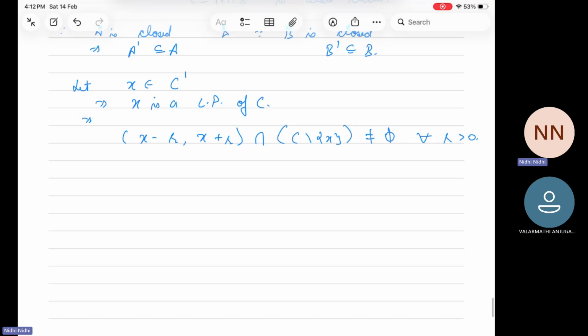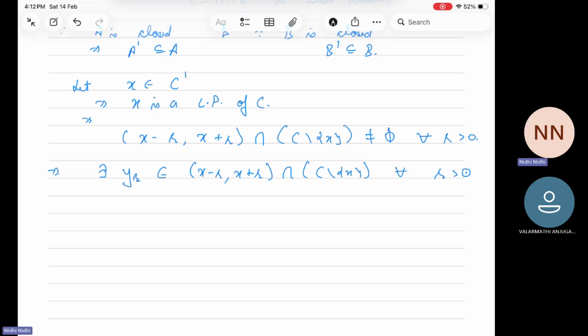That means there exists some y_r belonging to the interval (x minus r, x plus r) intersection C minus {x}, for every r positive.